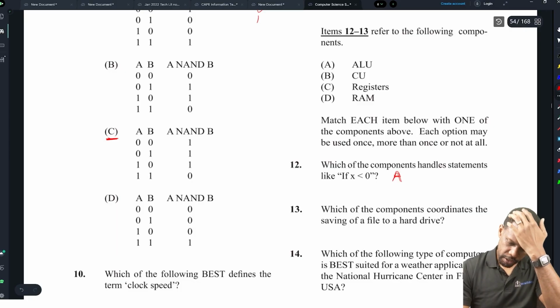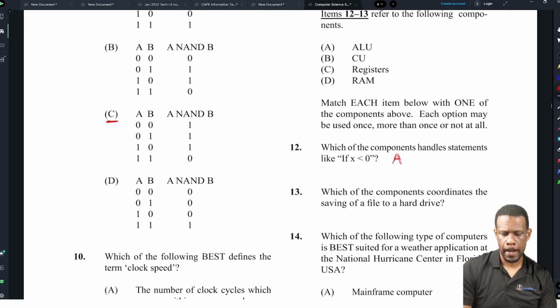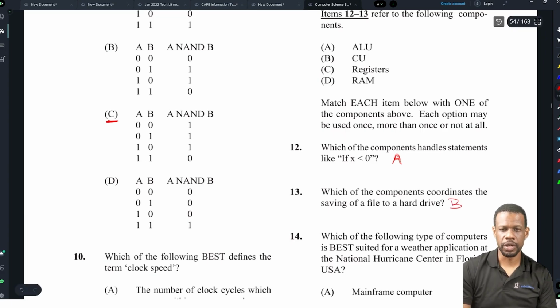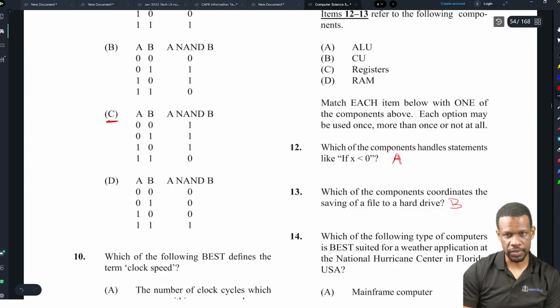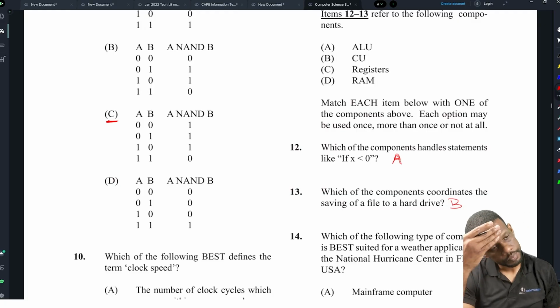Which of the following coordinates the saving of files to a hard drive? That would be the CU, control unit, because when the operation is done inside the processor, they will have to send it to its final destination, something like that.